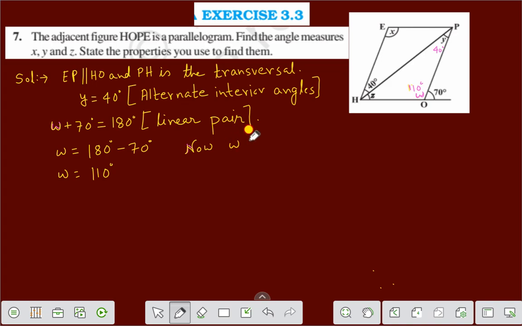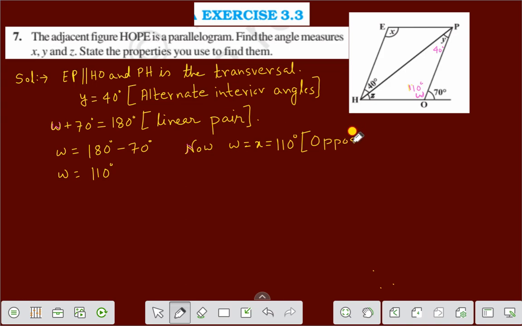Angle W is equal to angle X, and that is also equal to 110 degrees. The reason is that opposite angles of a parallelogram are equal.